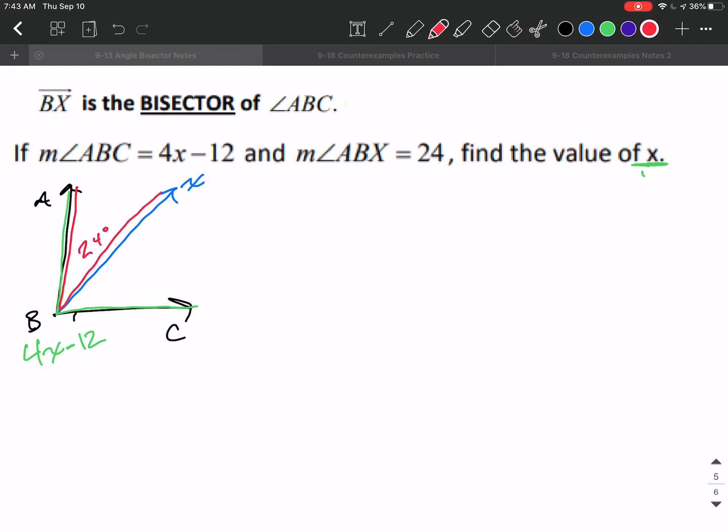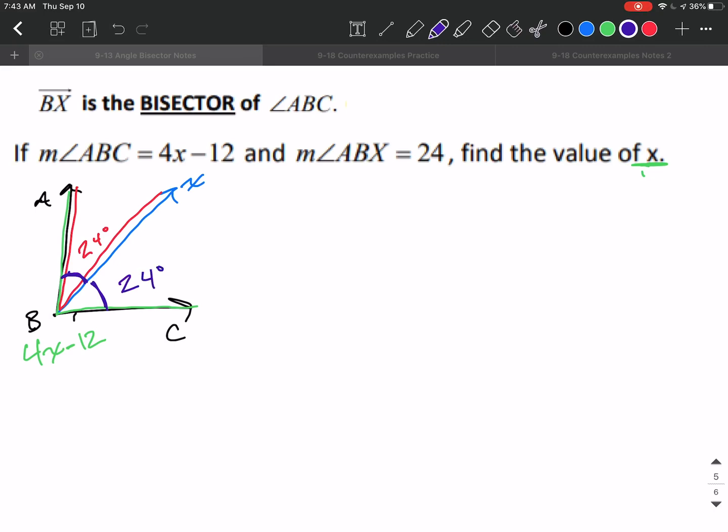Find the value of x. Well, right now, I don't know what the overall angle measure is. But because of my bisector rule, I know ABX is going to be the same as XBC. So even though it's not there, I know XBC is also 24 degrees.